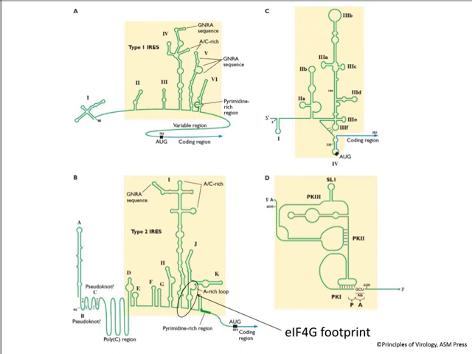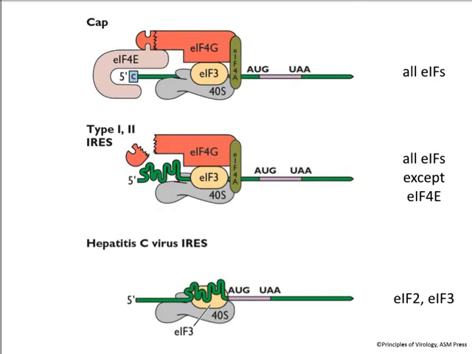They have a lot of secondary structure that can attract components of the translation system, so you don't need a 5' cap. All right, so that's the key here. The IRES depends on RNA secondary structure to attract translation machinery without the need for a cap or eIF4E, which is the cap binding protein.